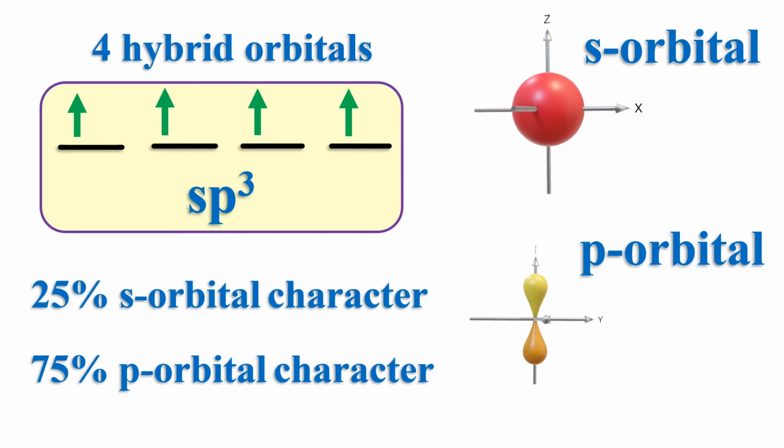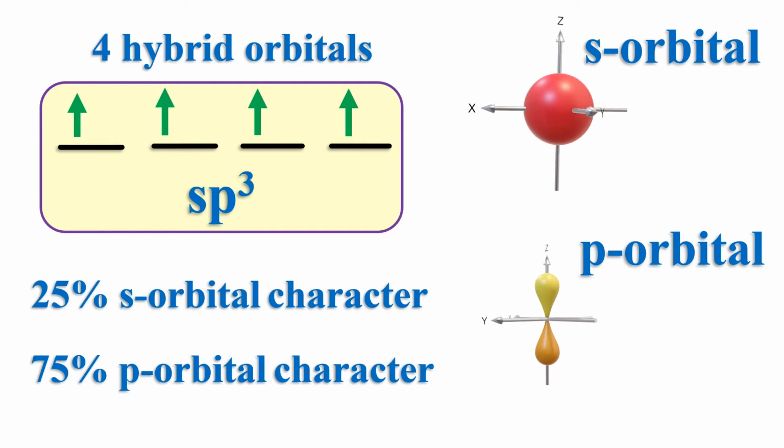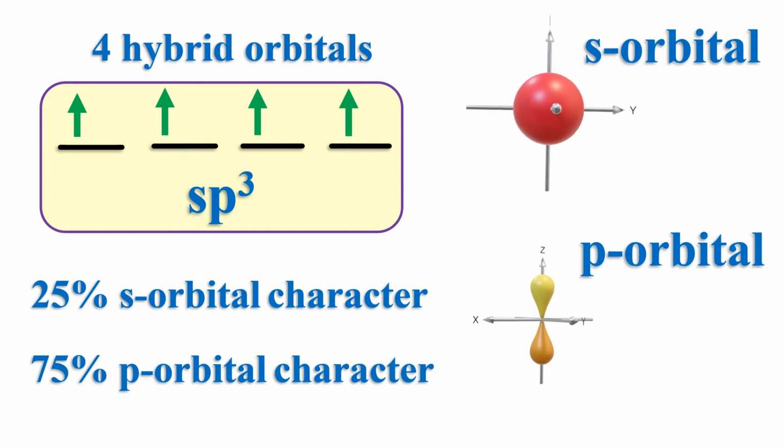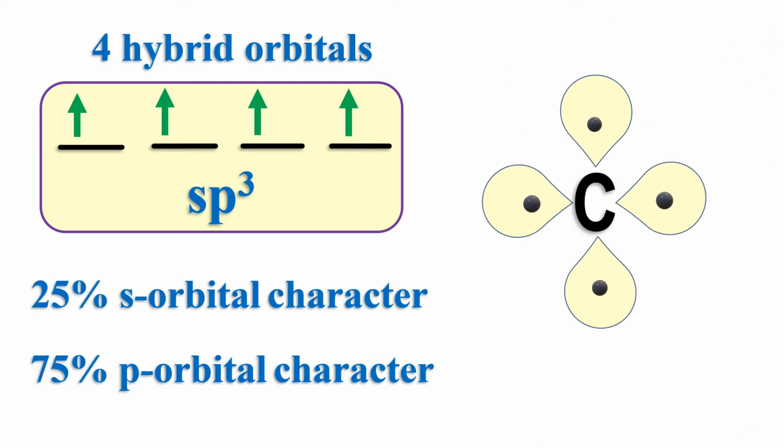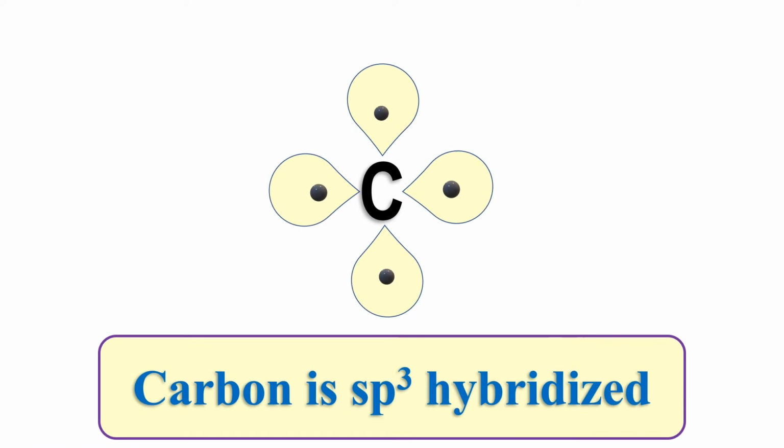I'm showing only one p orbital here. Therefore, the hybridized orbital would have about 75% dumbbell shape and about 25% spherical shape. You can think of them as balloon or teardrop shaped. In this example, we can call carbon sp3 hybridized.